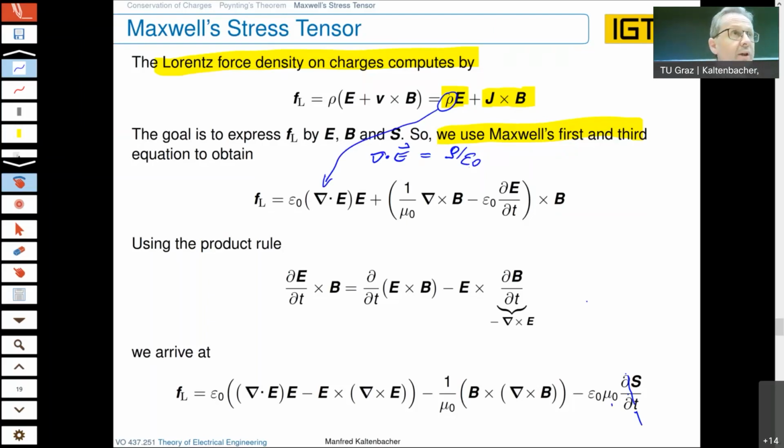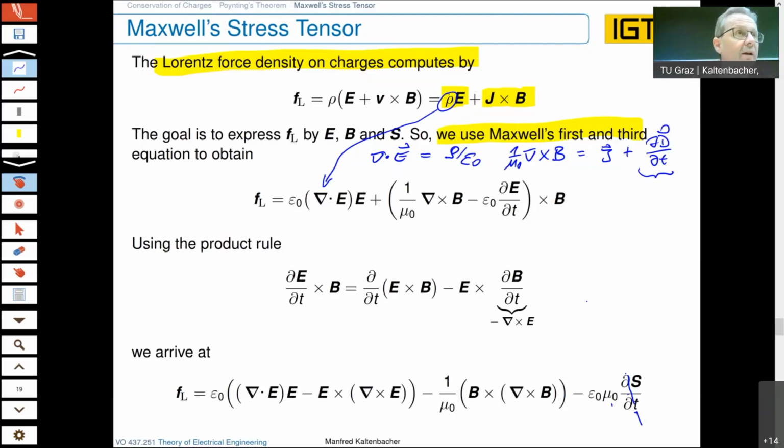So you have here epsilon 0 divergence of E, scaled with the vector E itself. On the other hand, we have a relation which is the first Maxwell's equation. I write it down here, where we have the curl of H, always written with B. Then we know we have the current density, and here we have the displacement current density.